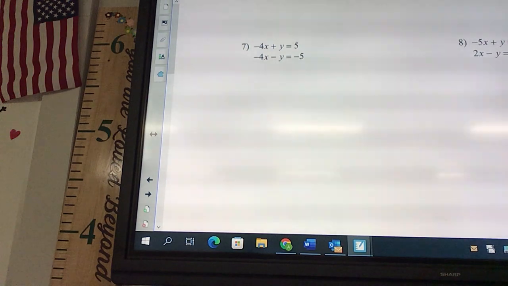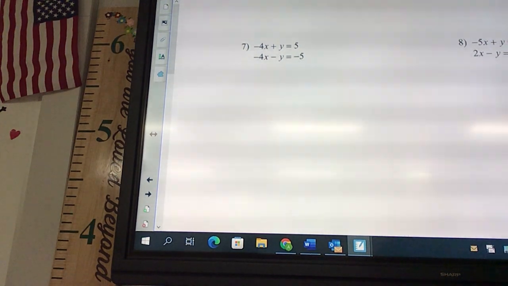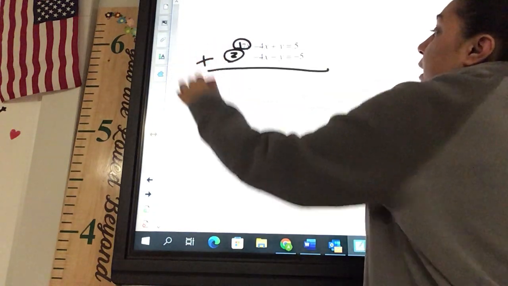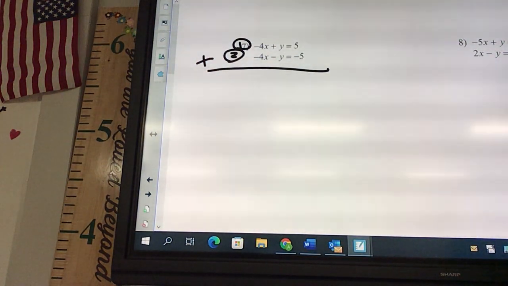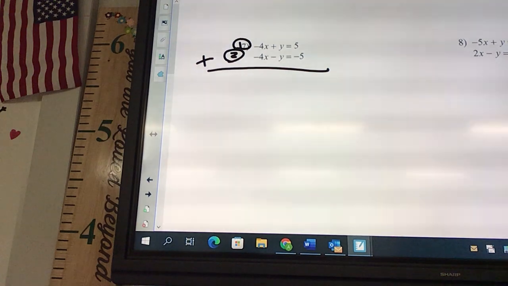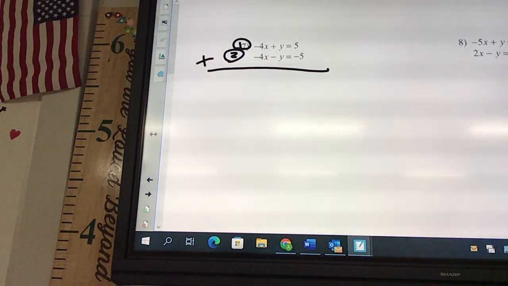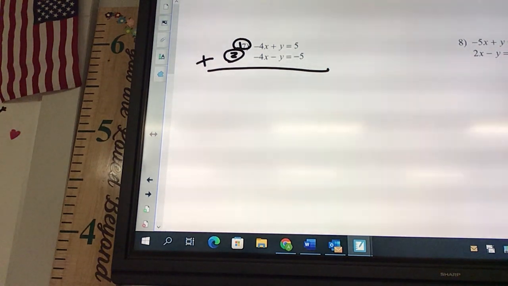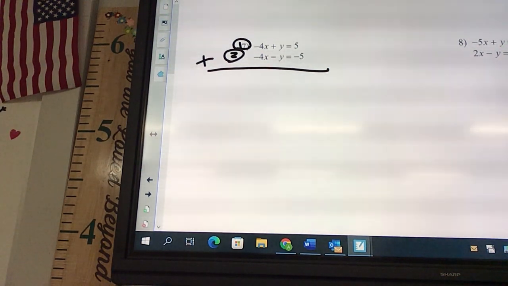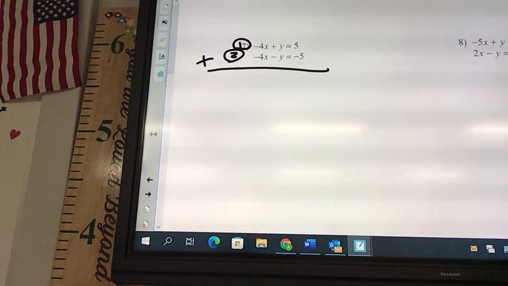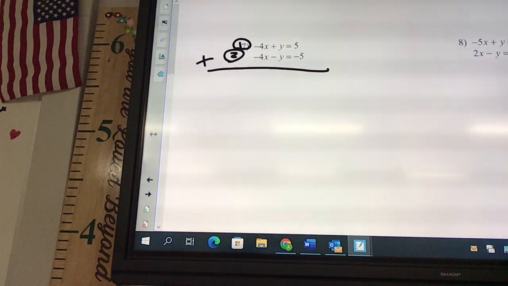Okay, 7. We're gonna label. And then add them together. What's gonna cancel? The y's, okay? Because if you think about, and it's kind of hard to tell, so they both have a -4 in front, but a -4 plus a -4 is gonna give you what? -8, okay?